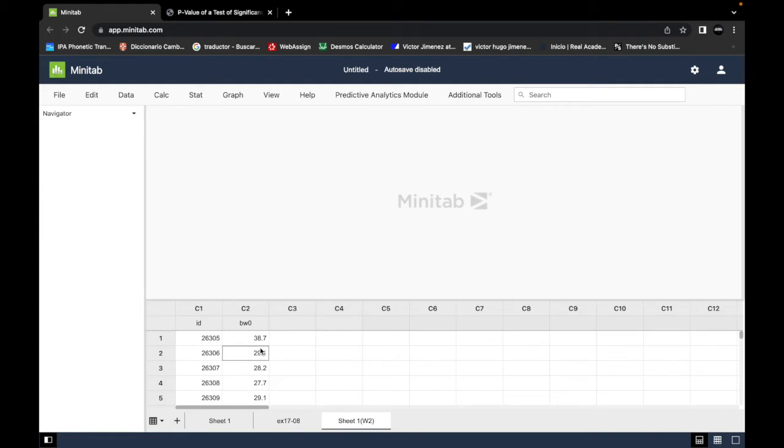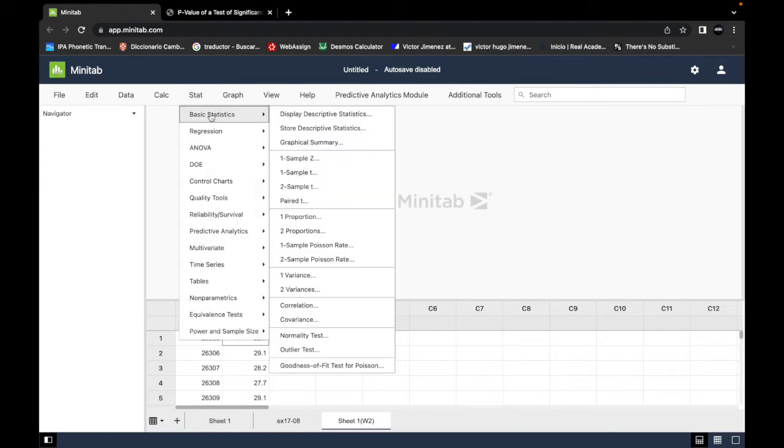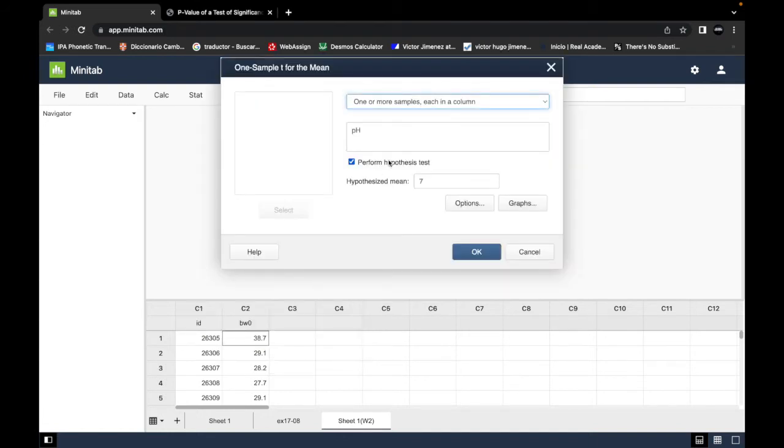The column with the corresponding weights is the second column. So how do we create a confidence interval for this? Well, we go to Stat, Basic Statistics. You are going to choose 1-Sample t. And then choose the column that has the data. In this case, it is the column C2. The box Perform hypothesis test we don't need by now, so you don't have to click that.